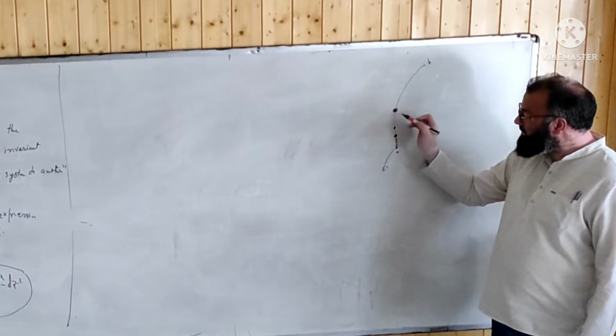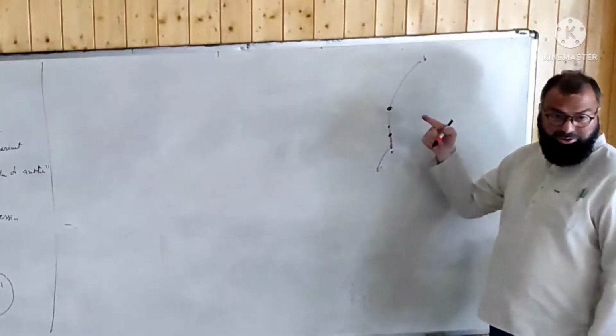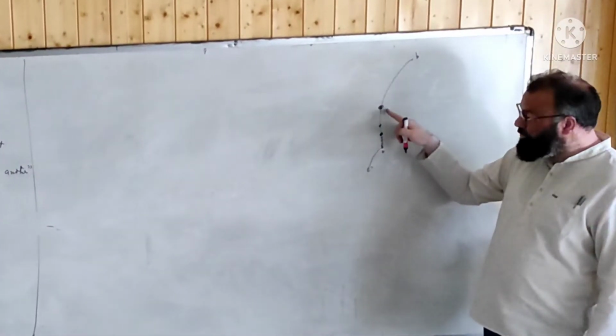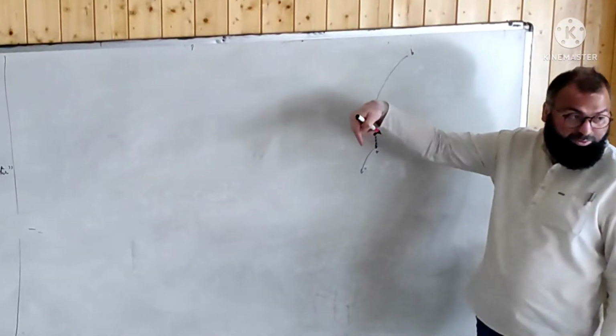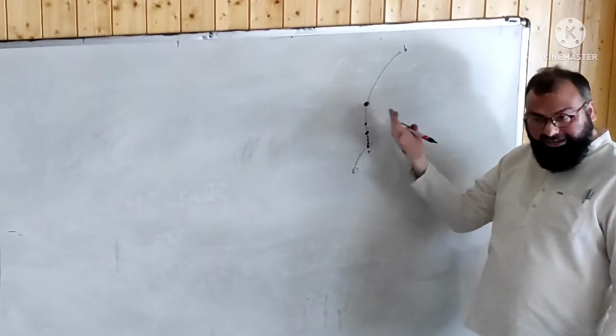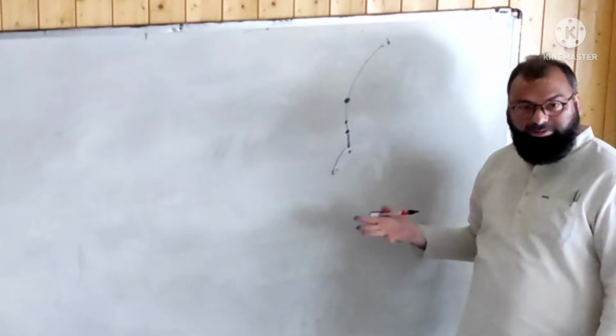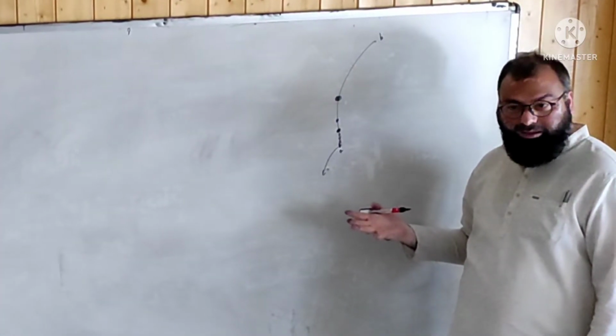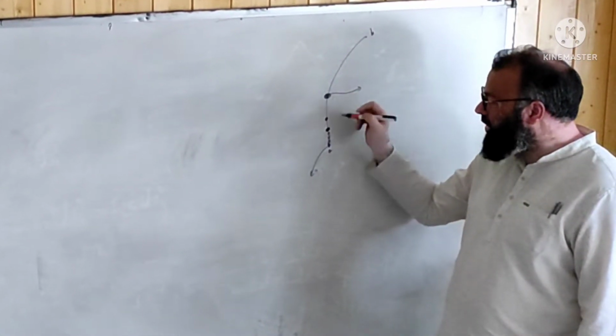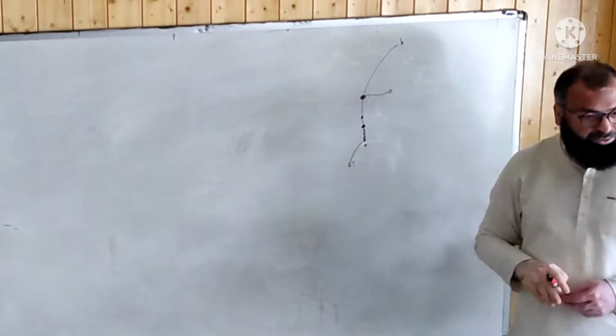The time this moving clock shows, this moving clock is actually at rest in its own frame of reference. So that time we call the proper time of the system, or the proper time of the frame of reference, or the proper time shown by the moving clock.